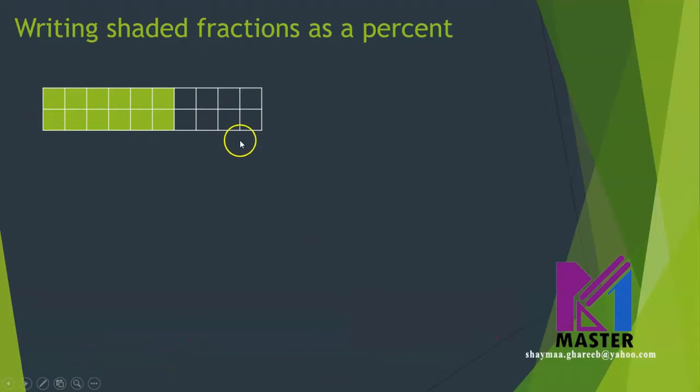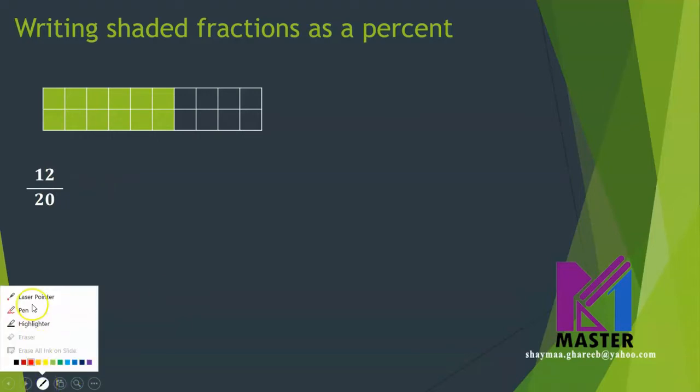Here, the total number of parts is not 100. We are going to follow the same steps exactly. Find the fraction of the shaded part. 1, 2, 3, 4, 5, 6, and 6, 12, over the total number of parts, which is 20. So it will be 12 over 20. Now I need to change this fraction into a percent.